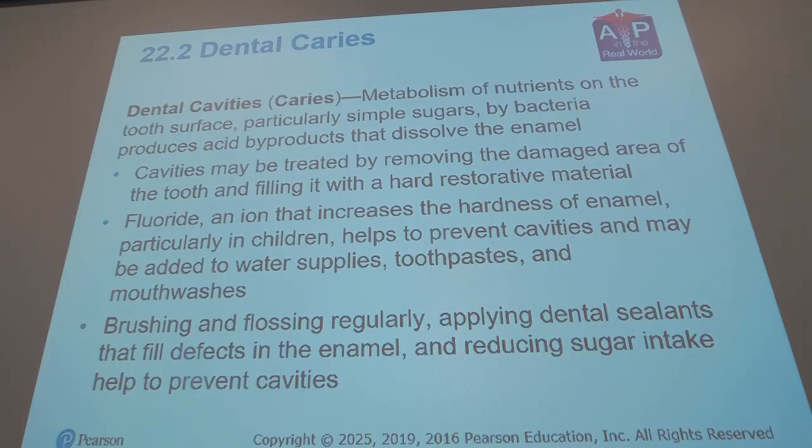For caries, or dental cavities, we normally have in our oral cavity, as part of the normal microbiota, a lot of bacteria.